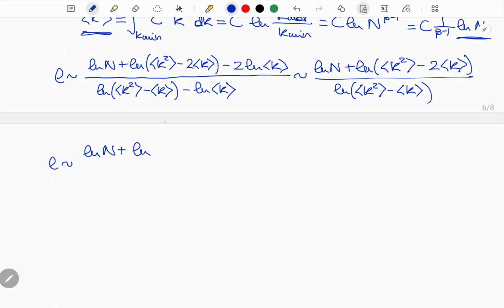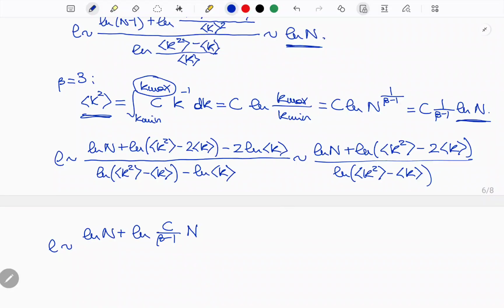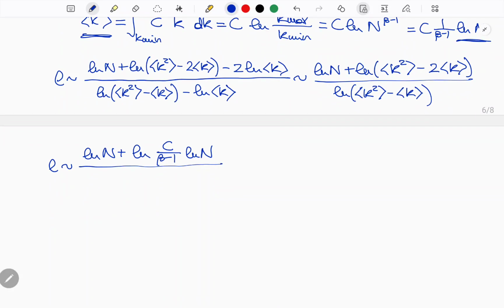So this is going to be c over beta minus 1 times the logarithm of n, and this is over c over beta minus 1, the logarithm of n.